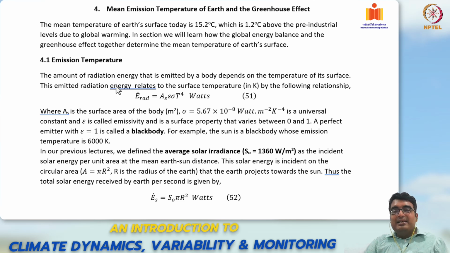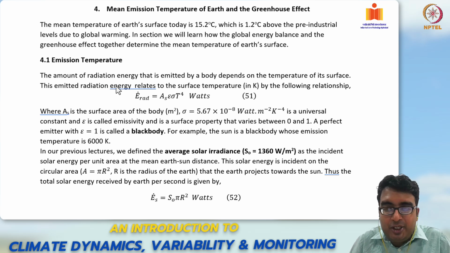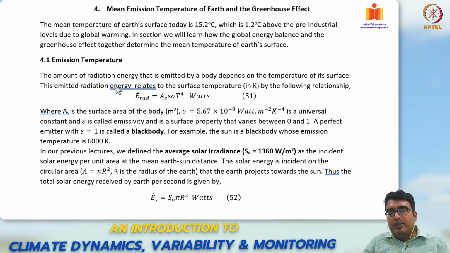So, what do we mean by emission temperature? It has to do with the concept of black body radiation. We will discuss much more about black body radiation in later parts of the class, but today we will limit ourselves to the basic concepts. So, the amount of radiation energy that is emitted by a body depends on the temperature of its surface.